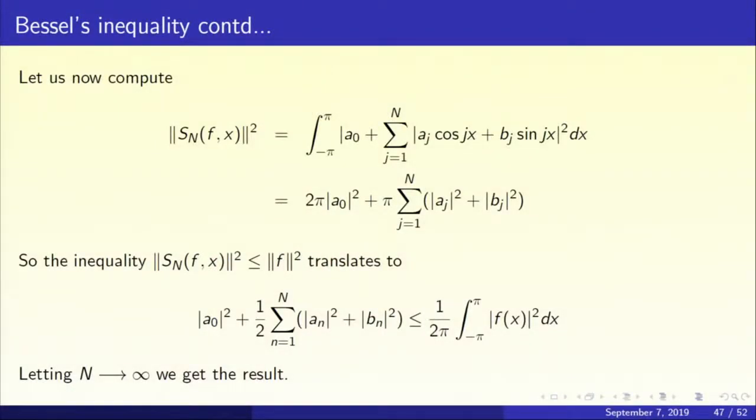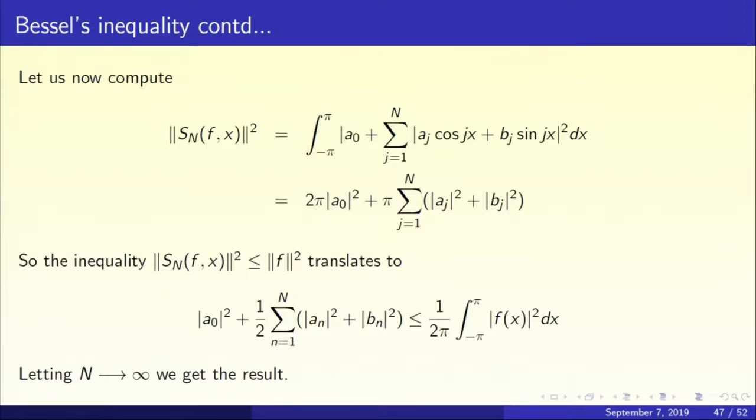The inequality ‖Snf‖² ≤ ‖f‖² translates to |a0|² + 1/2 Σ from n = 1 to n of (|an|² + |bn|²) less than or equal to 1/(2π) ∫ from −π to π of |f(x)|² dx.